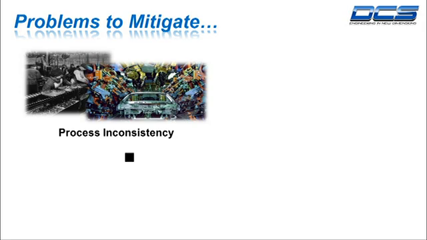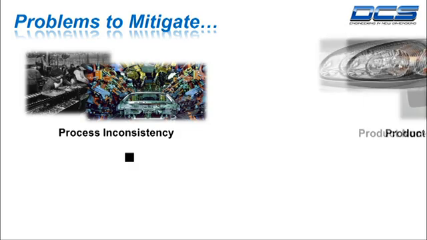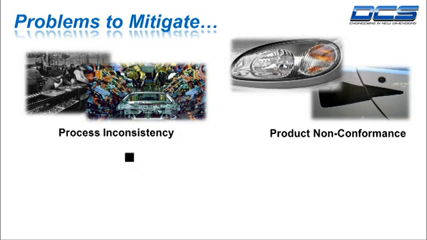Where are there discrepancies in how things are being made? Second thing we like to talk about is nonconformance. Where are specifications not being met? Where are products not adhering to their design criteria or objectives?